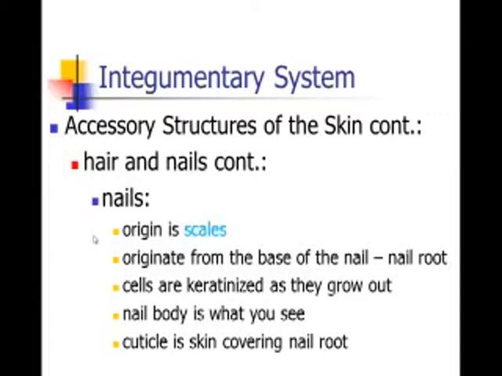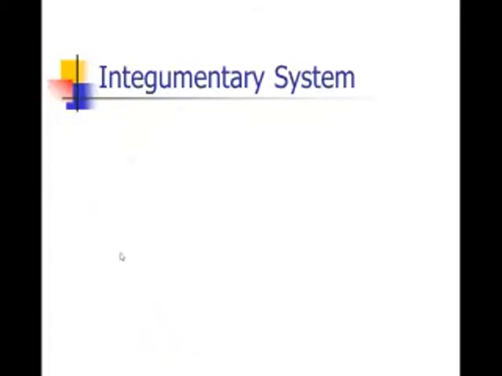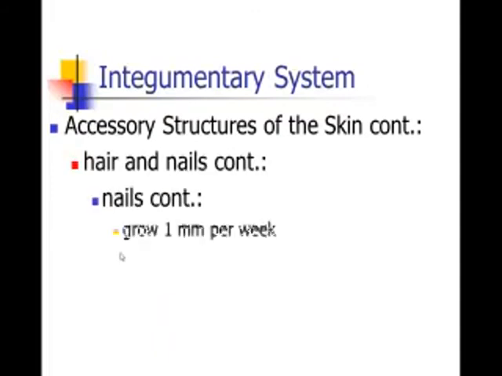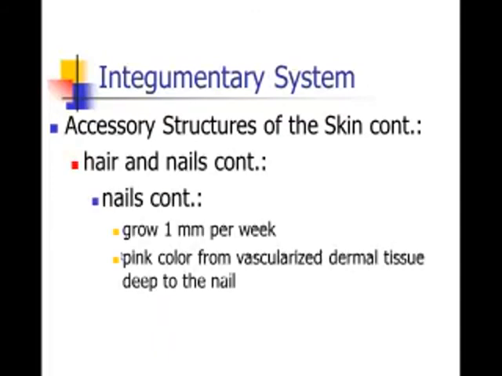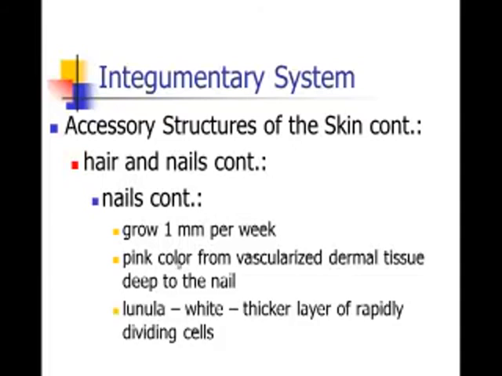The cuticle is skin, and that covers the nail root. They grow about 1 millimeter per week. And the pink color of your fingernails is due to the vascularization of the dermal tissues deep to the nail. The lunula is white. That's near the base of the nail, and that is a thickened layer that has cells that are rapidly dividing.